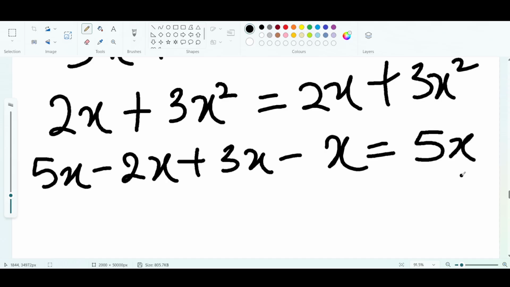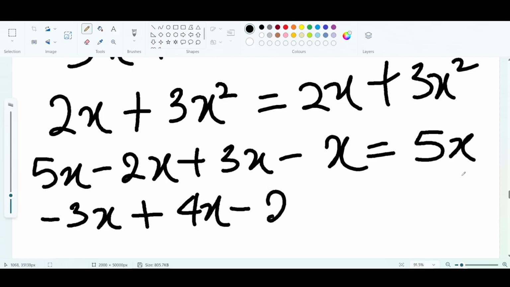Okay. So another thing we should also note is when we have minus 3x plus 4x minus 2y minus 3y. So what's going to be our solution to this?